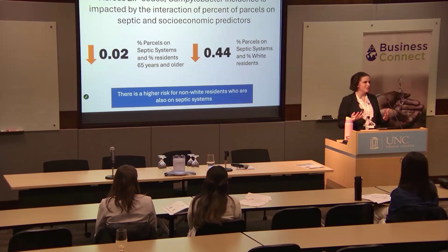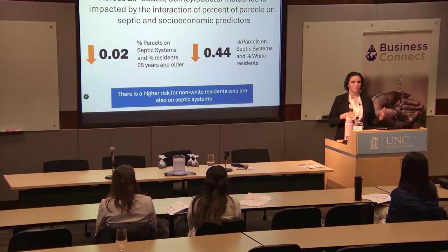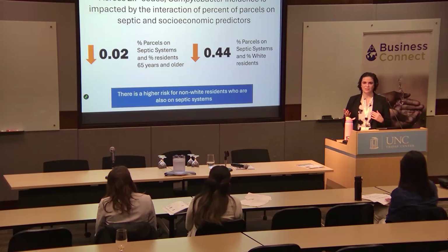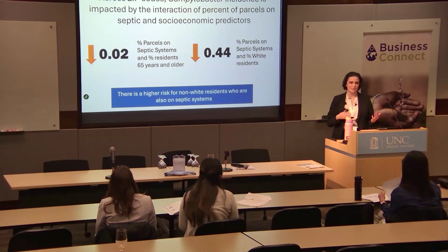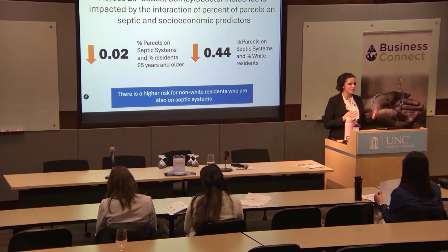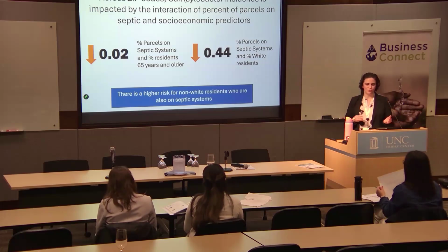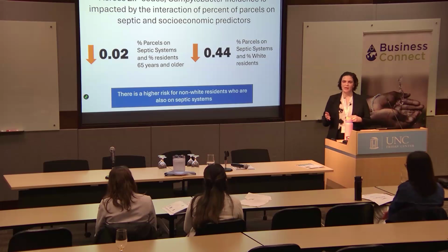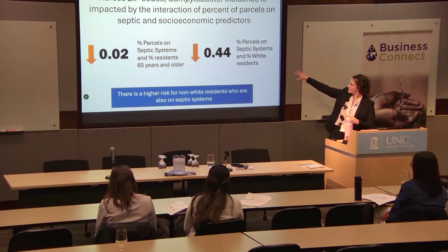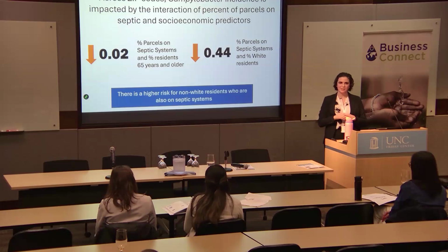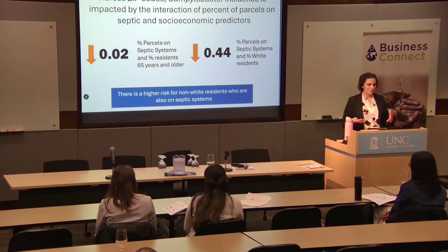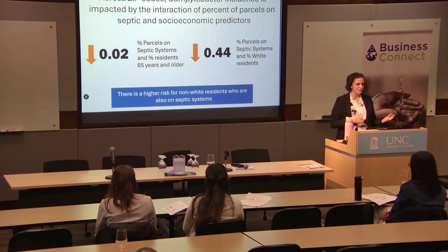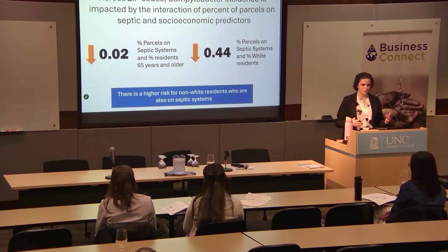So essentially, again, this is showing that the effect of percent of parcels on septic systems on Campylobacter incidence depends on percent of residents 65 years and older and percent white residents. If we focus mainly on that second data point of the percent white residents, this is essentially showing that there is a higher risk for non-white residents who are also on septic systems.